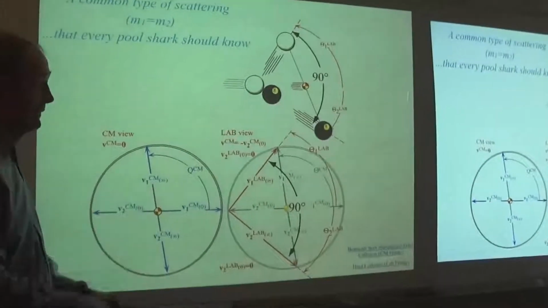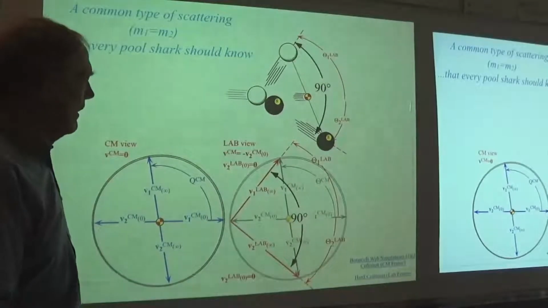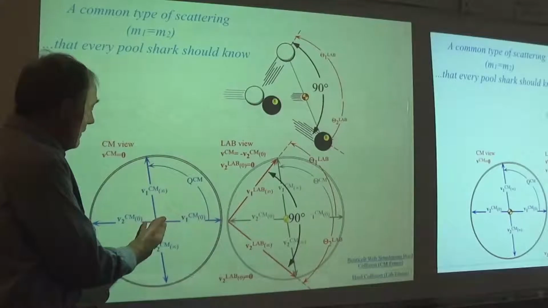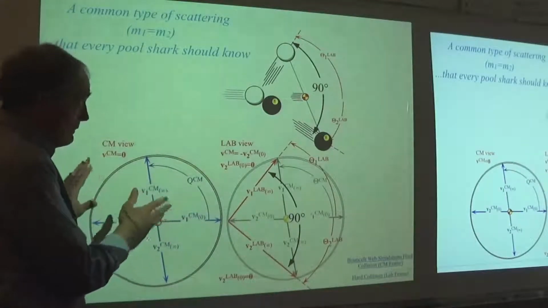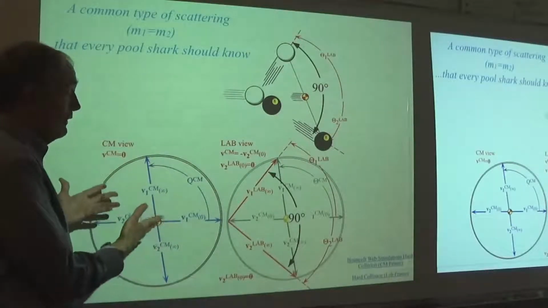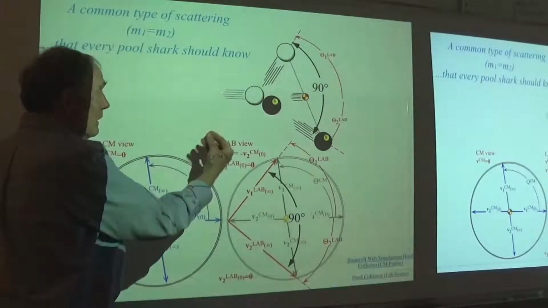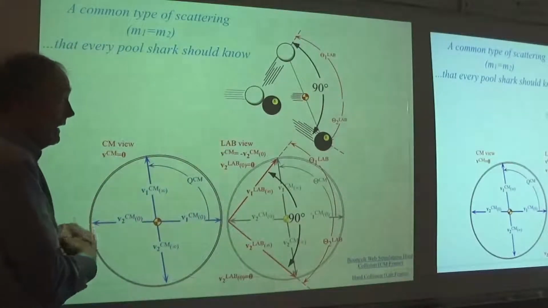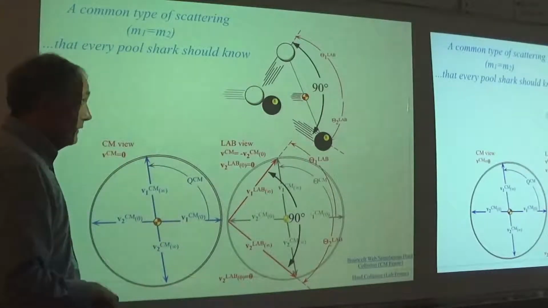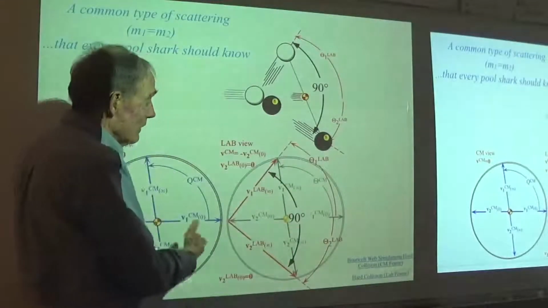This is something, as sophomore physics, every pool shark knows. The basic idea is, here's a CM view. Okay, I'm going to be able to do the geometry of that really elegantly. I just do the same geometry that we've already done with the Rutherford scattering, assuming that the nucleus was infinite mass and that the alpha particle didn't make it move as it scattered. Now we're making the 8-ball move or whatever.